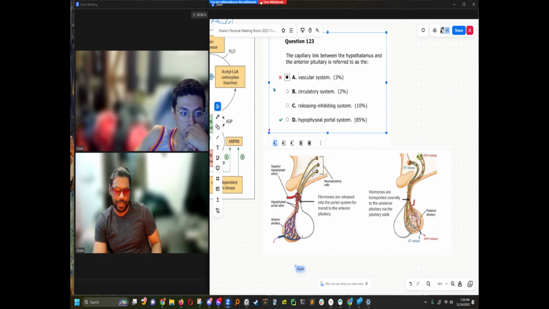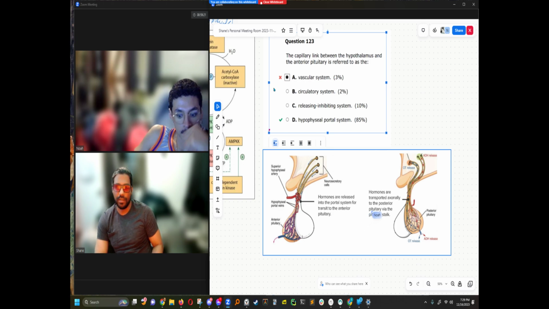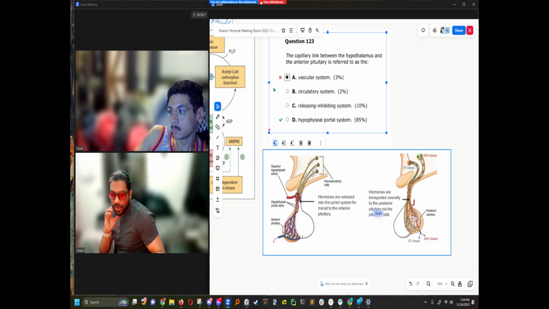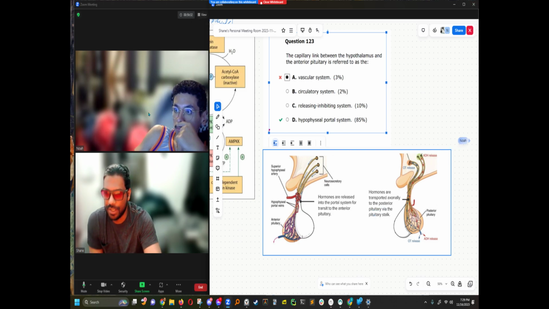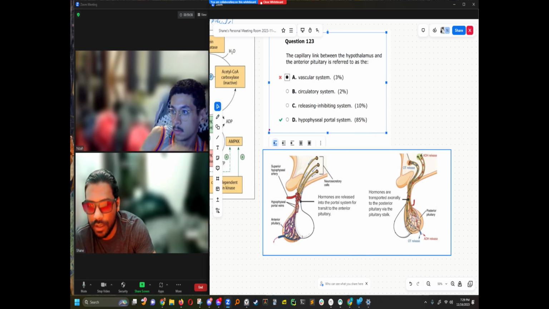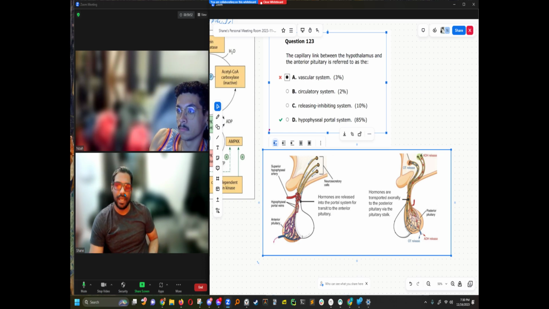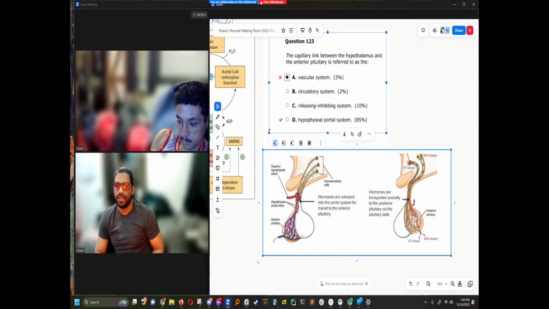So the hypothalamus, right? What it releases are releasing hormones, and here what we have is kind of hard to see the hypothalamus part of this, but it's essentially just what's up here. And then downwards, there's the anterior pituitary, which is the one in the front, and then there's the posterior pituitary in the back. Now, the way that they secrete into the pituitary is a little interesting.